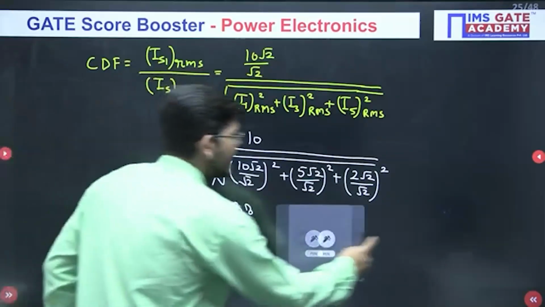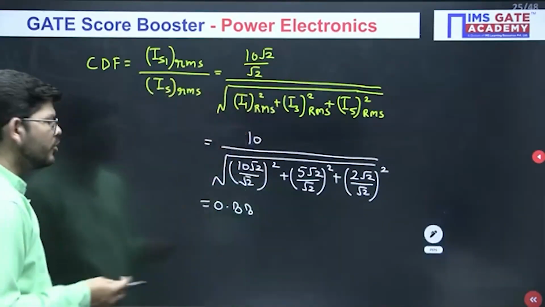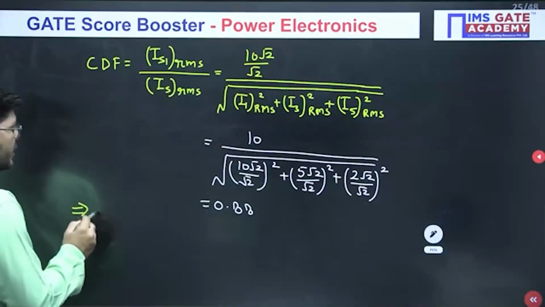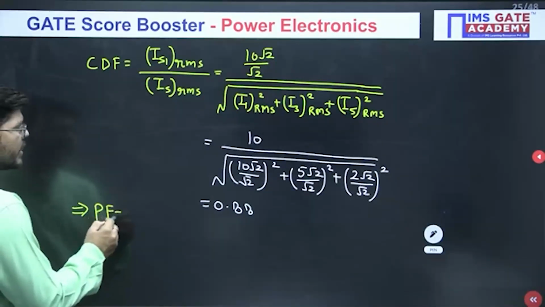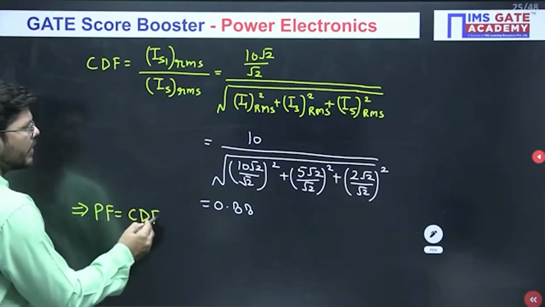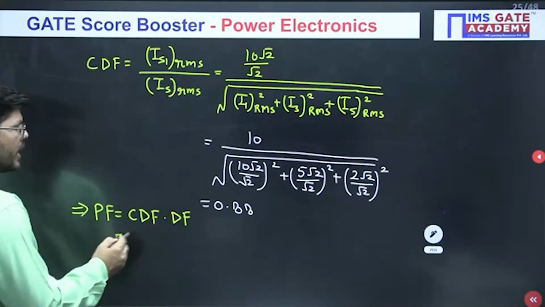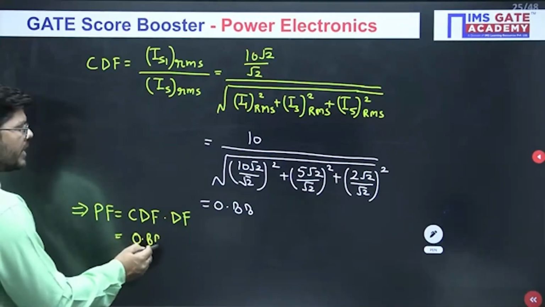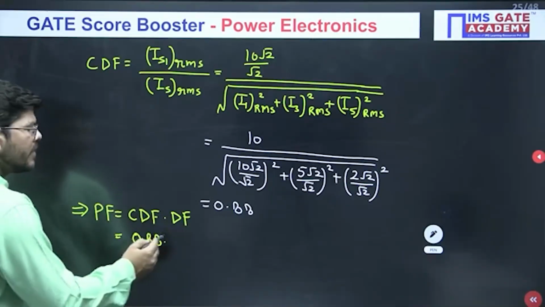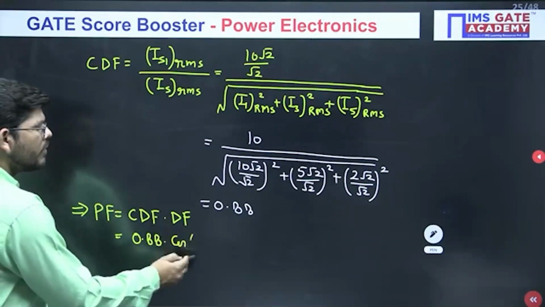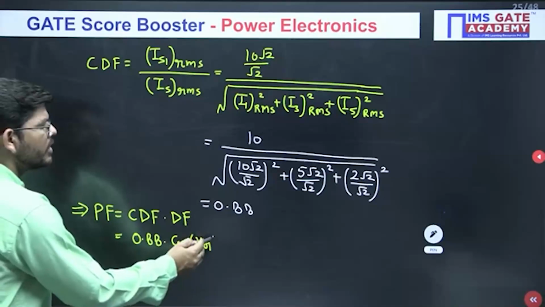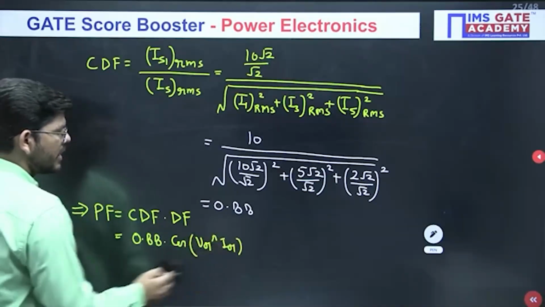Now it has not been asked here, but you may calculate that as well. If we have to calculate the power factor, this will be equal to the current distortion factor times the displacement factor. The current distortion factor is 0.88, and the displacement factor is the cos of the angle between the fundamental voltage and fundamental current.